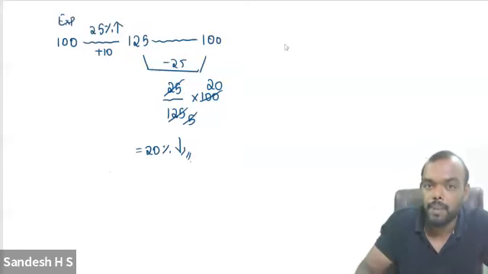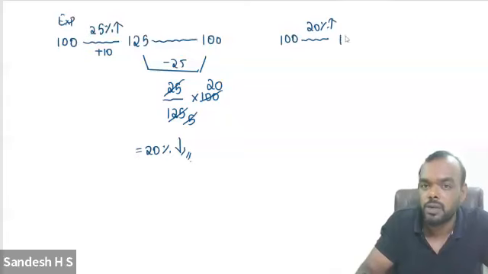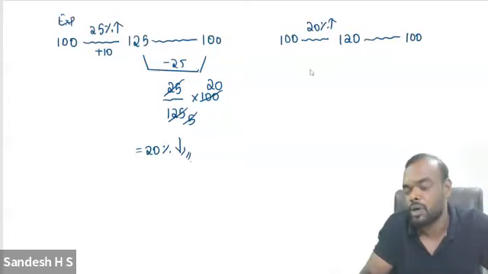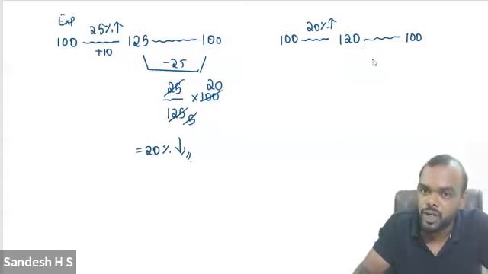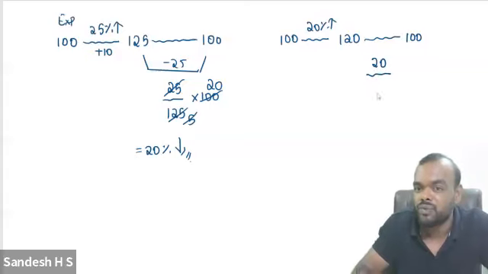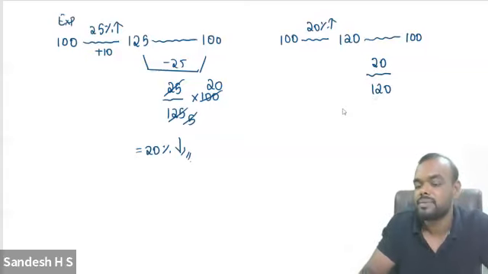Let us say price increased by 20%. Then what will be the new expenditure? 120. I want to bring it back to the original value because I'm not ready to spend 120. I want to spend 100 only. That means how much should I reduce? 20. Out of which number? 120.